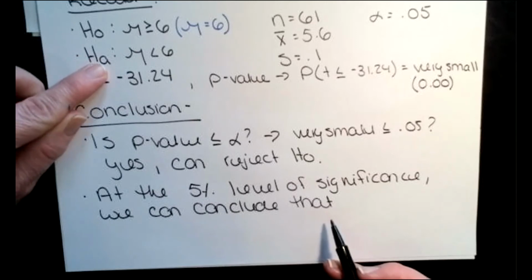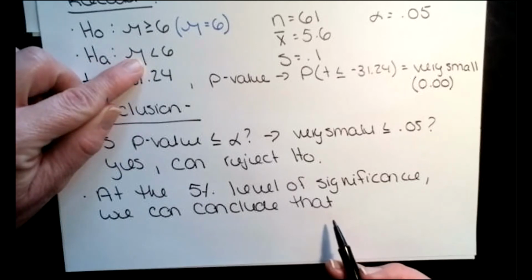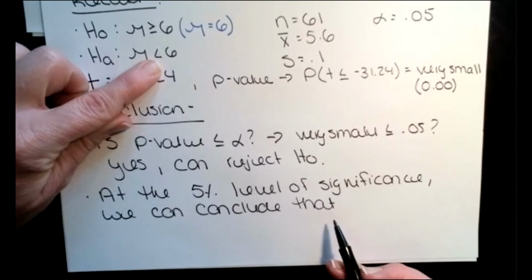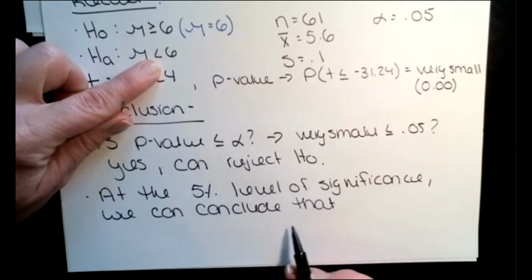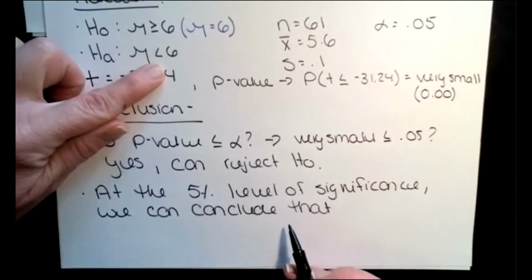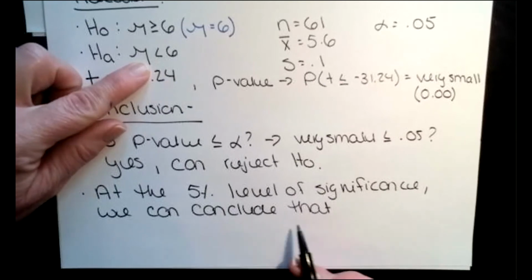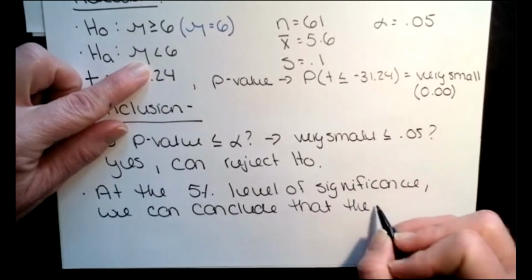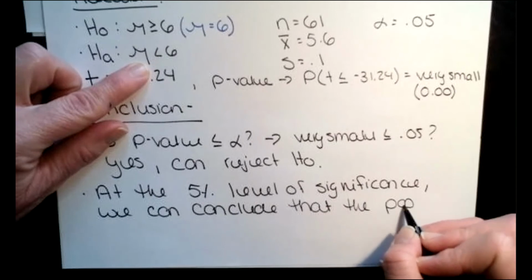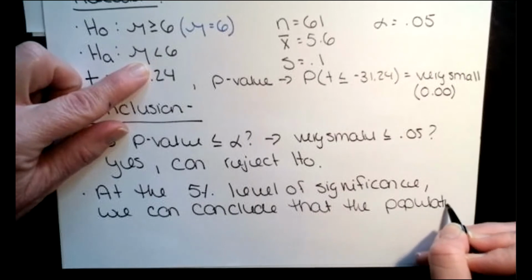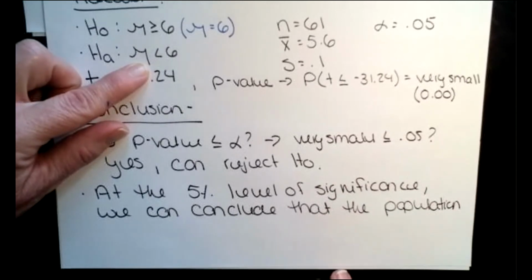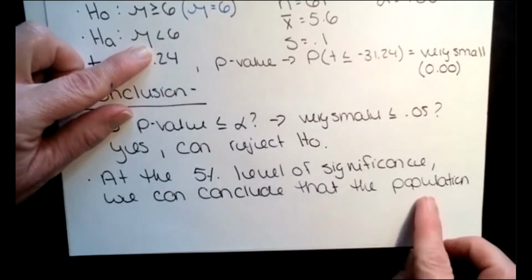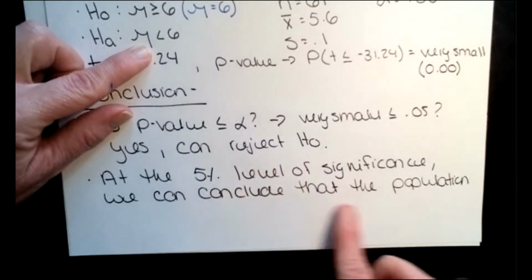So my HA is that the mean weight of the apples is less than 6 ounces. So that's what we're concluding. I'm just going to write this out in words. So we can conclude that the population, remember, it's always about the population. It's never about the sample here, right? That's what inferential statistics is. It's about the population based on the sample.